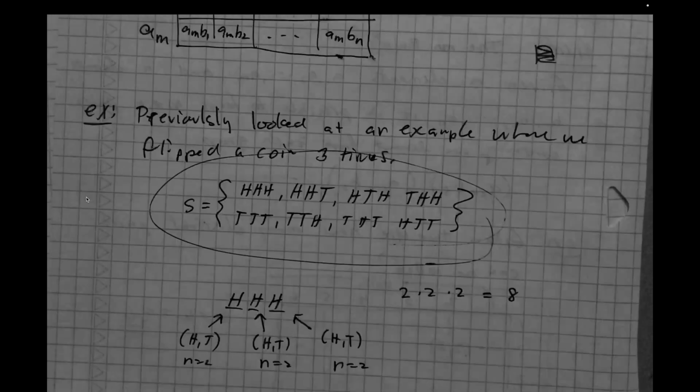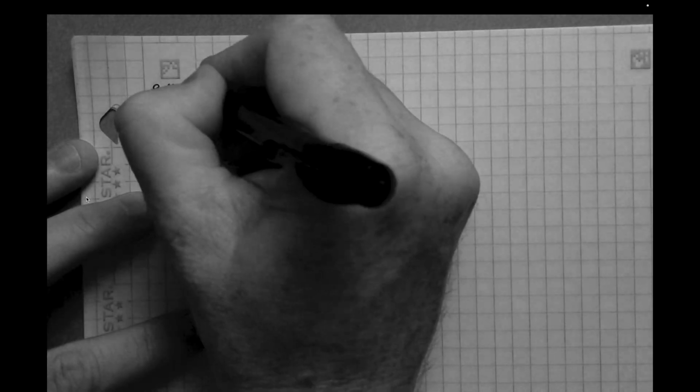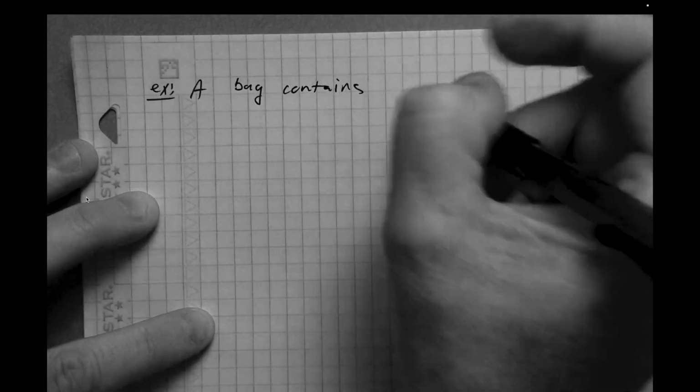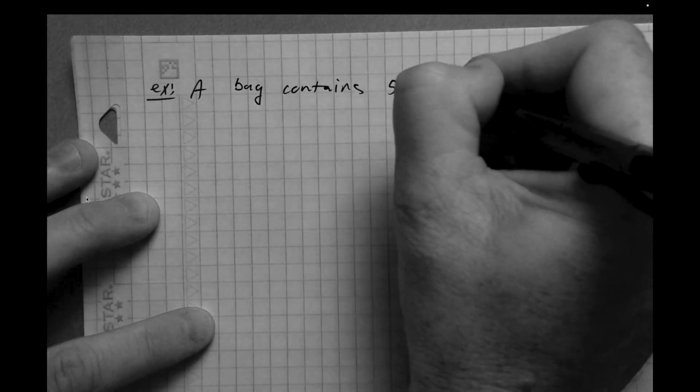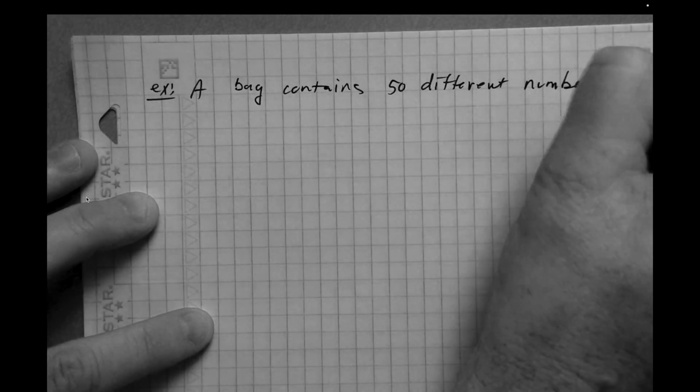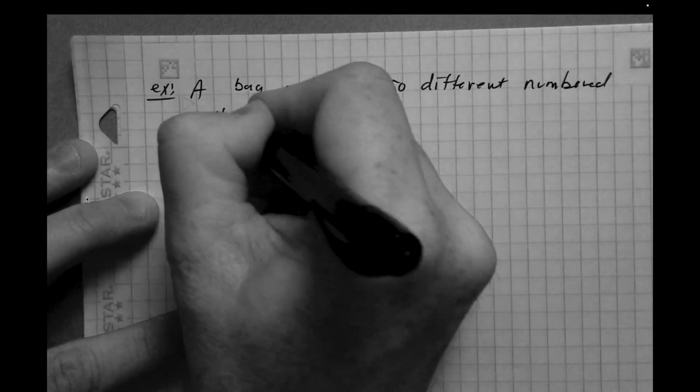Okay, let's take a look at a kind of tricky example, actually. Let me make sure I don't have another easy example first, though. No. Okay, we're going to jump right to this trickier example, which is a good example. Let's say a bag contains 50 different numbered balls, right?